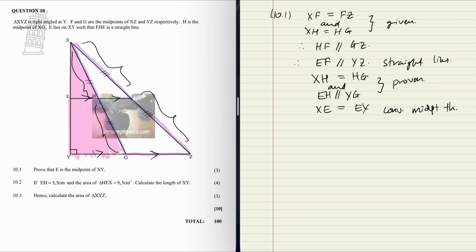Or you could say that it's going to be the line through the midpoint that is parallel to the second side, right? And then therefore we can conclude that E is the midpoint. So this here is going to equal that there.